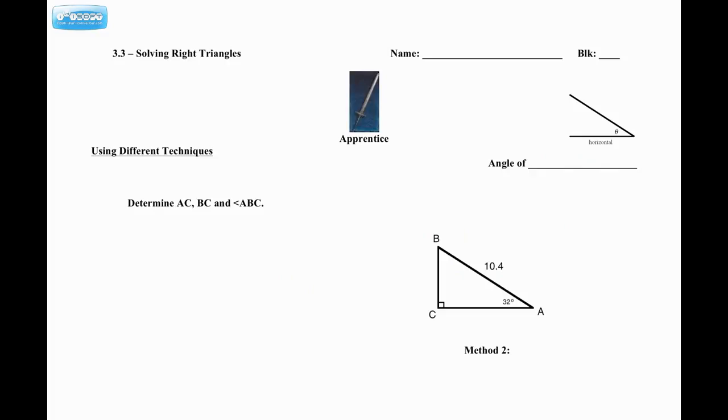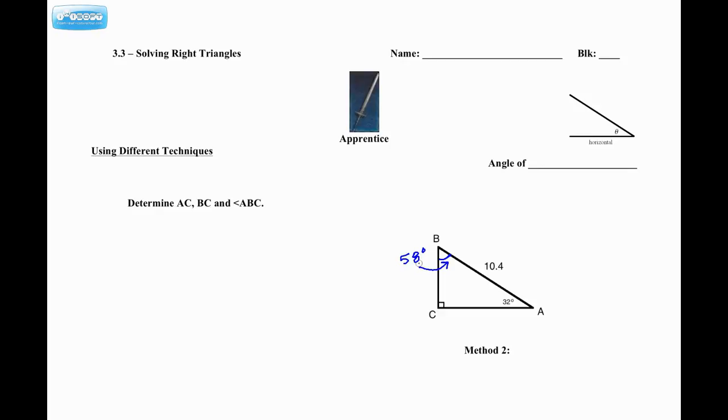Okay, so let's just solve the same triangle again, but do things slightly differently. All right, well, what I'm going to do is I'm going to go for this angle first. Why not? So we've already figured out before that that was 58 degrees, just by the fact that 180 minus 90 minus 32 is 58.